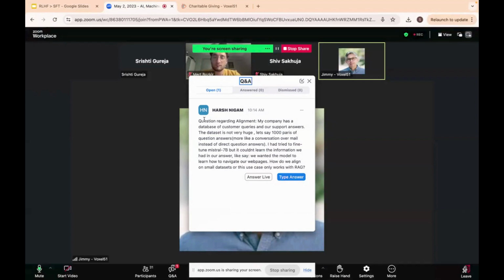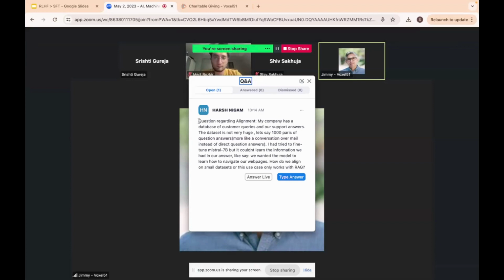Okay, I think that's a very experimental kind of question. When you say that you tried to make the model learn how to navigate the web pages, you did some sort of fine tuning. Now, fine tuning also comes in two flavors. It could be full fine tuning, or it could be some form of parameter efficient fine tuning, wherein you are tuning or training just a part of the model.